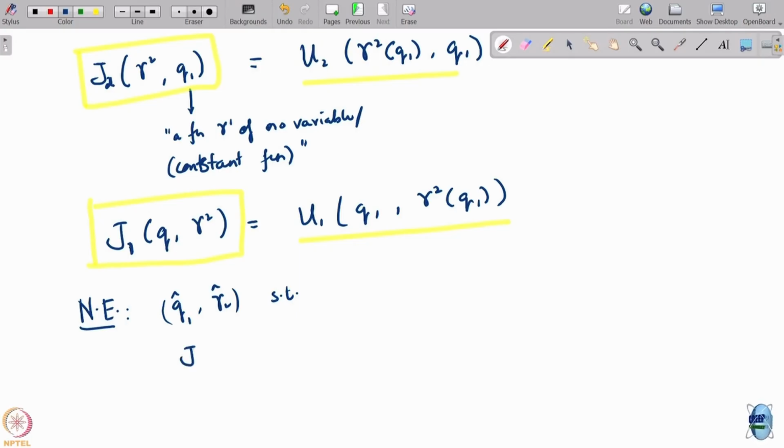So which means that player 1 would want to stick to playing q1 hat, assuming the other player plays gamma 2 hat. And player 2 would not want to switch to a different function, assuming player 1 sticks to a quantity q1 hat.